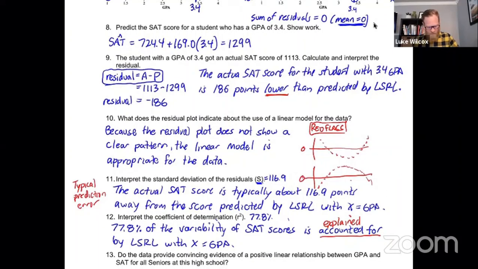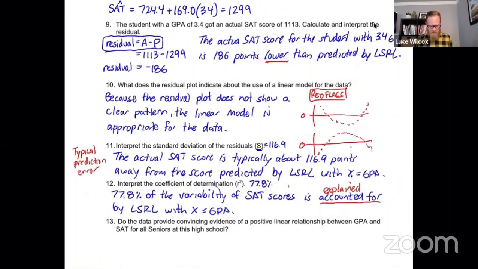All right, we've got one final question here. Number 13 says, do the data provide convincing evidence of a positive linear relationship between GPA and SAT for all seniors at this high school? Okay, we only have a sample of 10 students here.